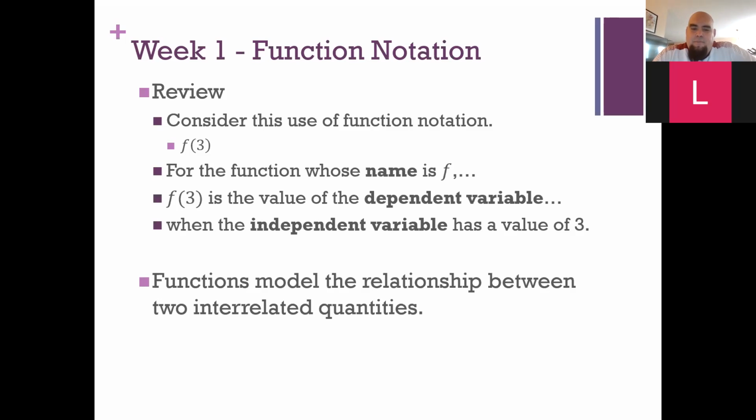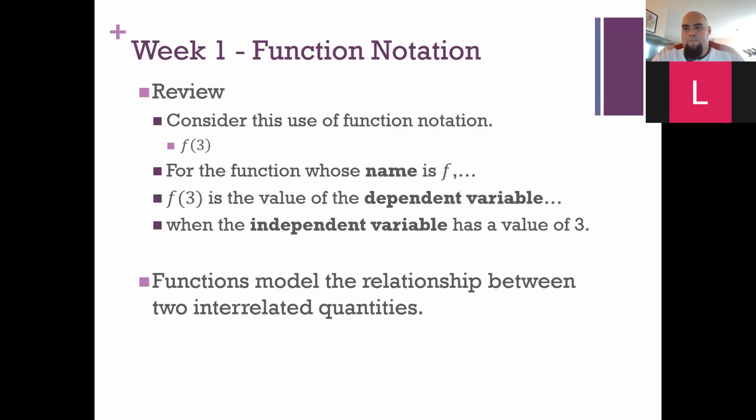I have a question. Go ahead. Sorry to interrupt. You mentioned f of 3 is the value of the dependent variable. Most of the time when we're discussing independent or dependent variables, we're referring to x and y, because x as a quantity keeps changing, so that's probably the independent variable, right?